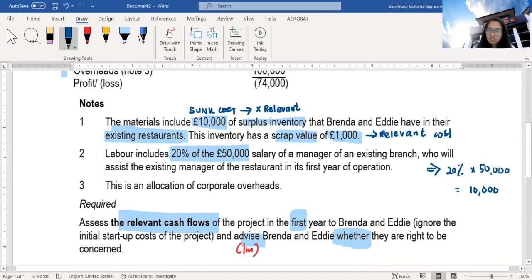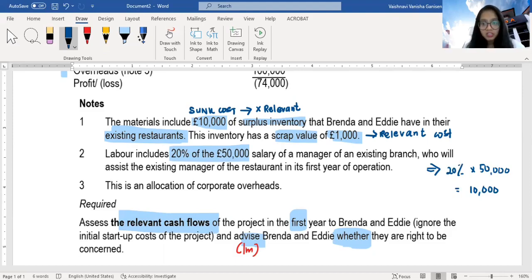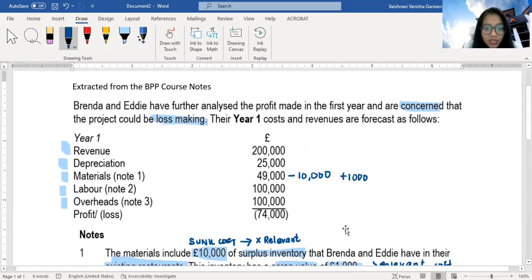Whether or not he does his work, you need to pay him. So this manager's salary is not relevant, as it is not a result of your decision on the new restaurant. You already hired him a long time ago. So this 10,000, you have to exclude it from here.